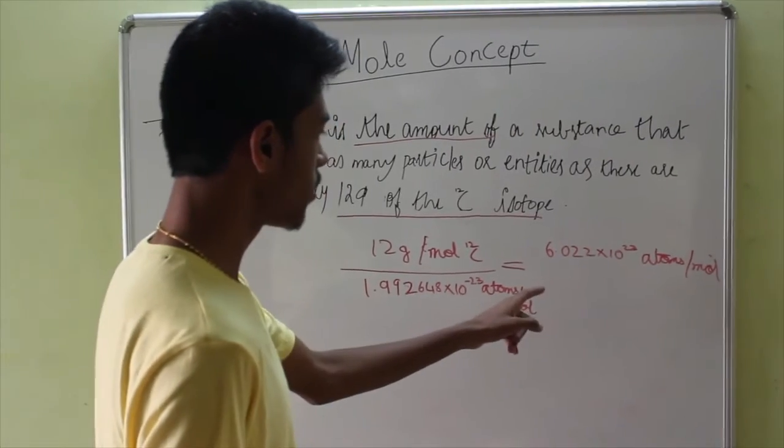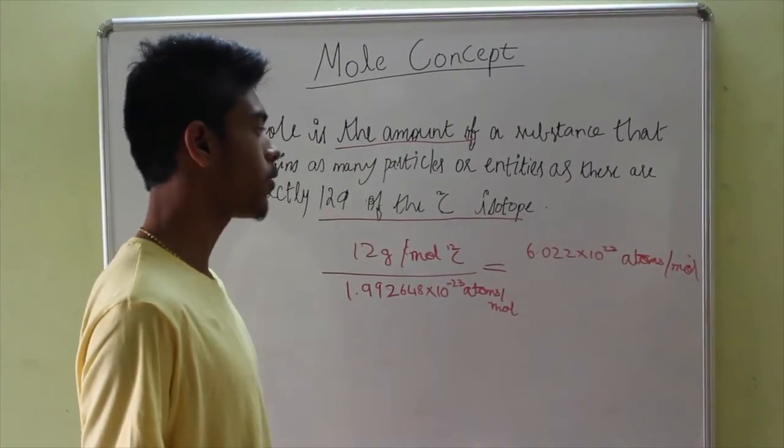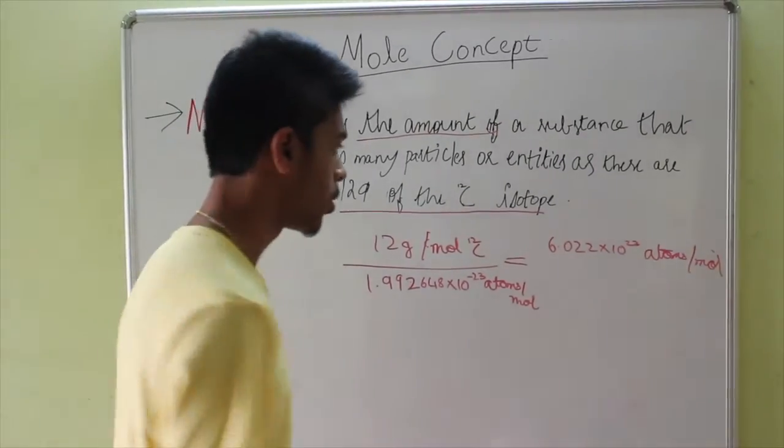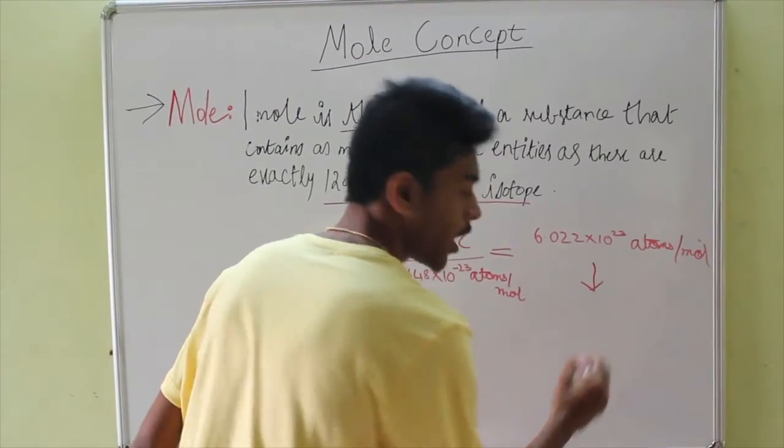Now this 6.022 into 10 to the power of 23 atoms per mole is given a specific name known as Avogadro's constant.